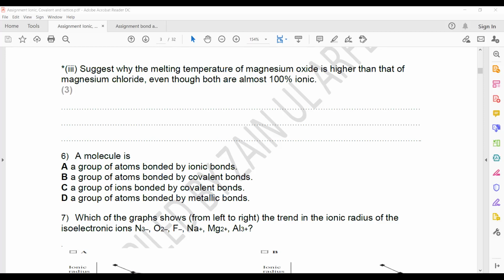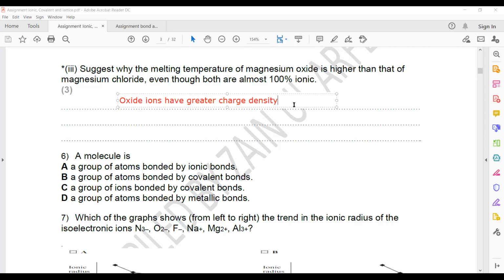So the answer for this part, when you write, you will mention oxide ions have greater charge density. Charge density means charge in a unit volume. You can see oxygen has a greater charge of -2 and the volume is smaller.